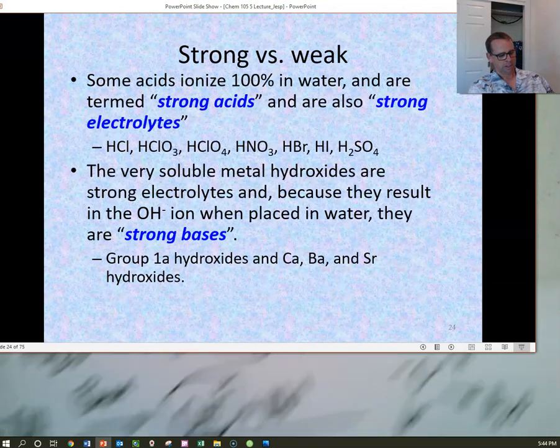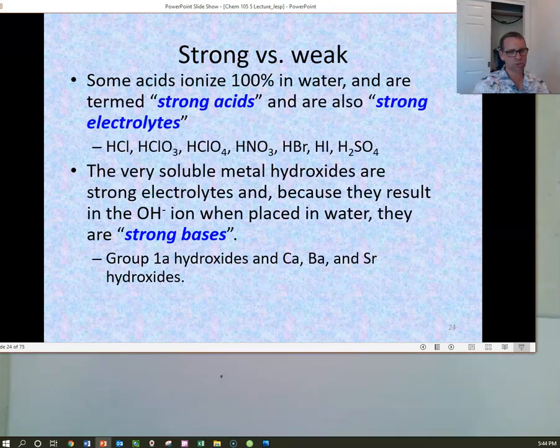Now let's have a reminder of what strong versus weak means in terms of electrolytes, in terms of acids, and now in terms of bases. Do you know the difference between a strong acid and a weak acid? That's right. The strong acid will dissociate 100%, and a weak acid does not.